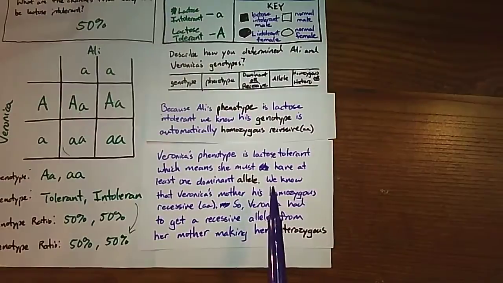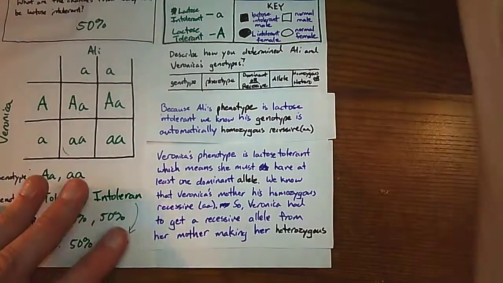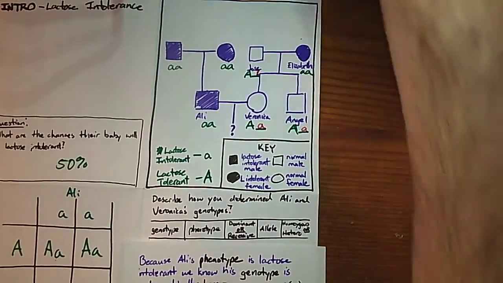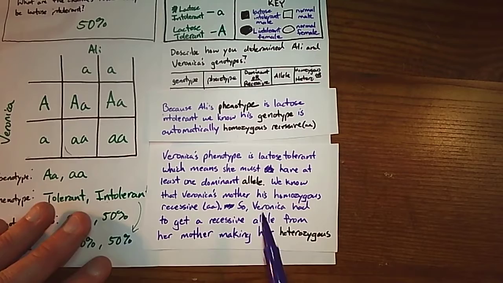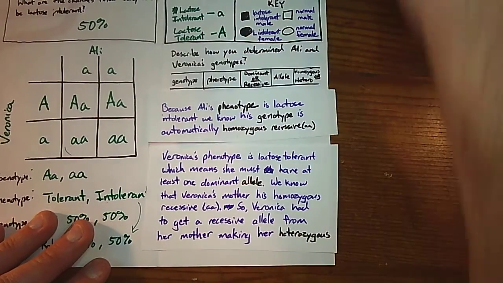And then we know that Veronica's mother is homozygous recessive, little a, little a. Notice that I've used that term again. Veronica had to get a recessive allele from her mother, making her heterozygous. That's how we know she has that little a right there. She got it from her mom.